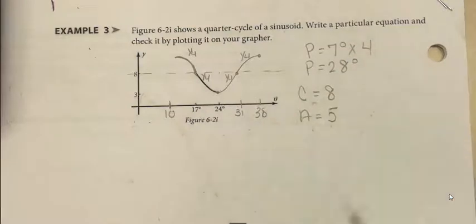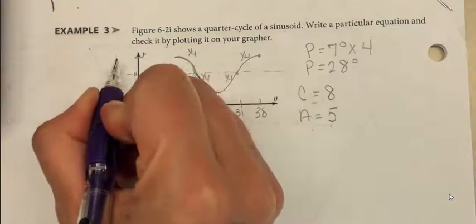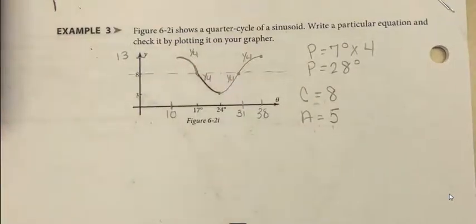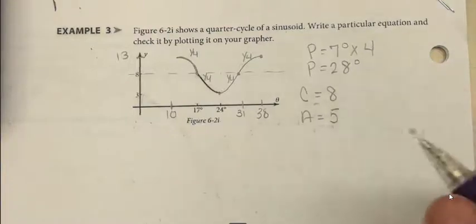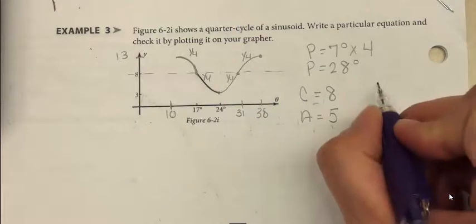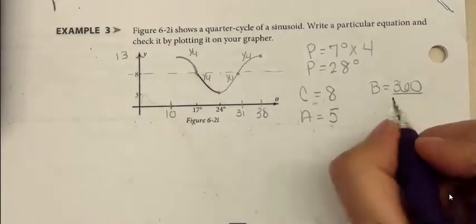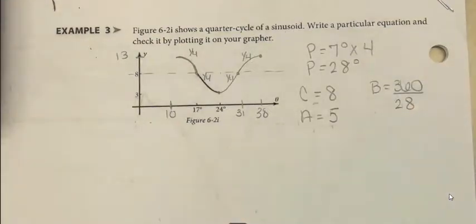That's pretty easy, which tells me that my highest point should be 13. Not that that's important for putting this into an equation. The fact that my period is 28 is going to help me find my B. So B is going to be 360 divided by your period.